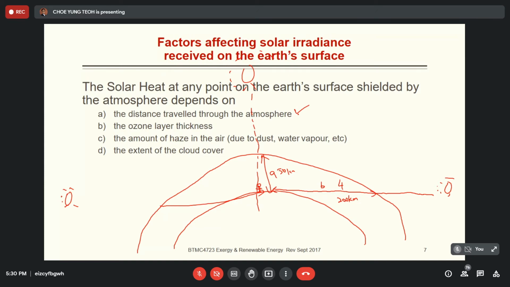So this ozone layer will affect the amount of solar radiation that you receive, because UV also contributes to the solar irradiance. Remember, solar irradiance is the total combination of the X-ray, UV light, radio wave, whatever wave, all the spectrum. We combine all together and call it solar irradiance.